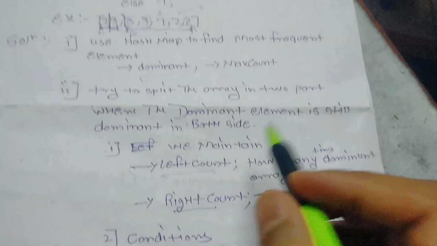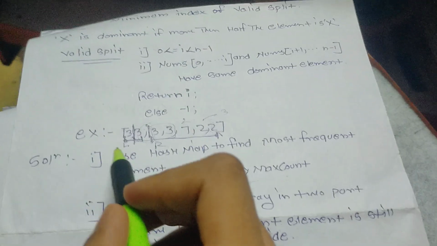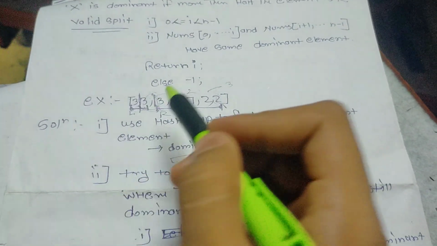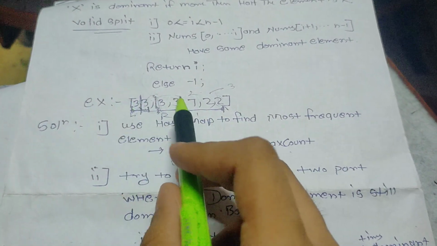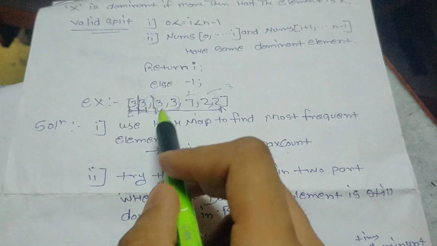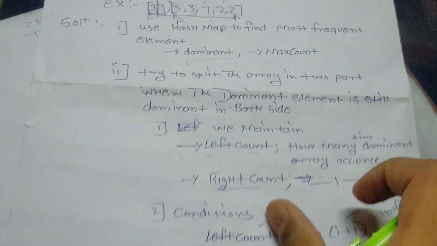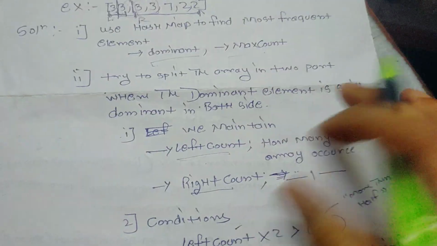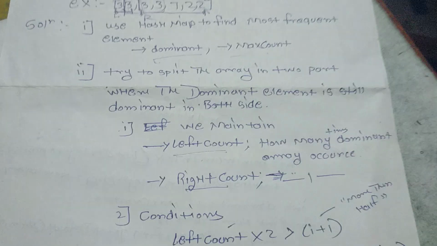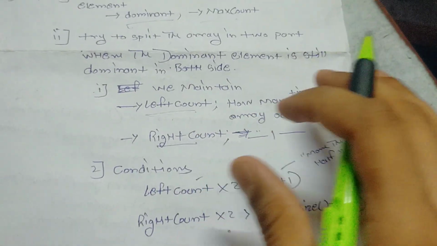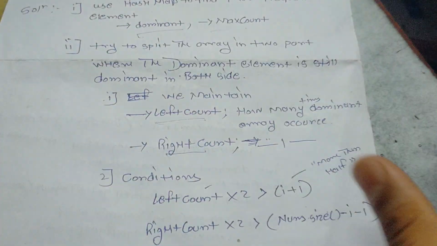Take an example: in the right array, if we start from 0, the right count will be equal to how many times the dominant element occurs in the whole array. After that we can dry run this, but let's see the condition first.